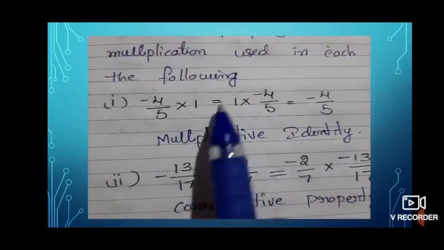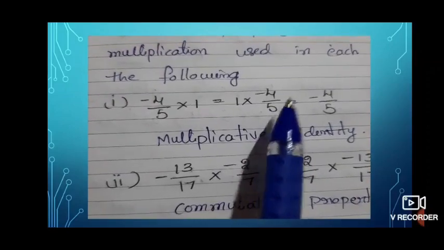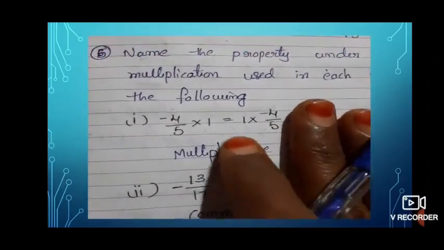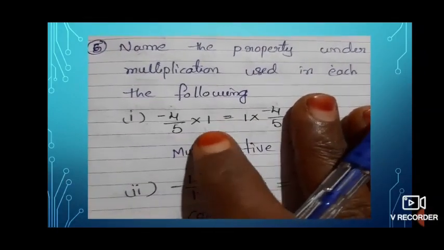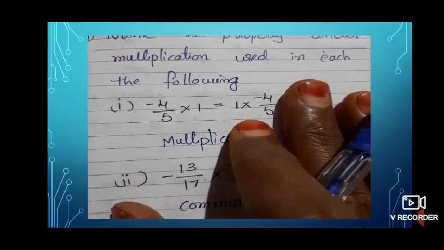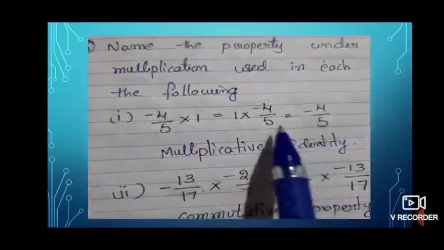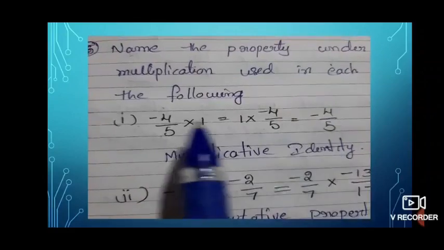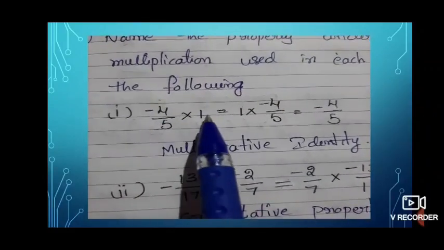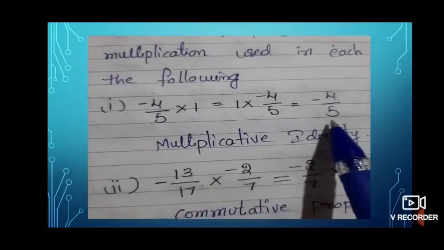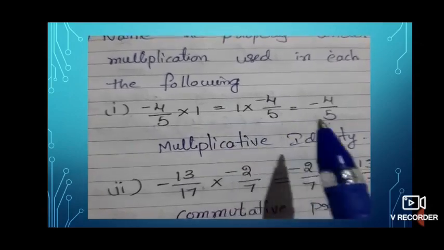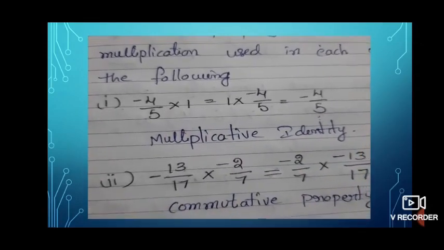So what you can see here children, if we take only these two, we can say that whatever the way we multiply, we will get the same answer, two rational numbers, that is commutative. But if we see the answer, we are getting minus 4 by 5. So one number if we multiply with 1, the rational number, you are getting the same number, is nothing but identity. So the entire is multiplicative identity.